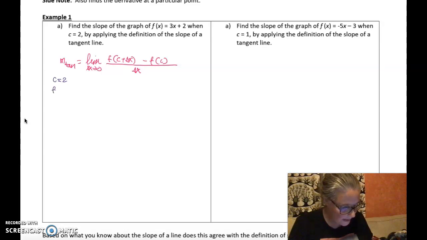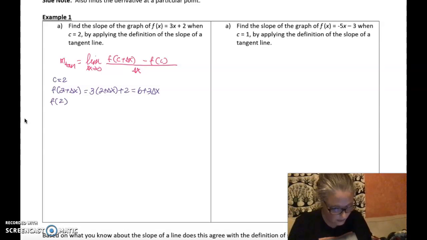So essentially, I want to find f of 2 plus delta x, and I also need to find f of 2. That means anywhere I see an x, I have to replace it by 2 plus delta x for the one, and a 2 in the other one. So we get 3 times 2 plus delta x plus 2, which, when I simplify, is 6 plus 3 delta x plus 2. And the other one, I get 3 times 2 plus 2.